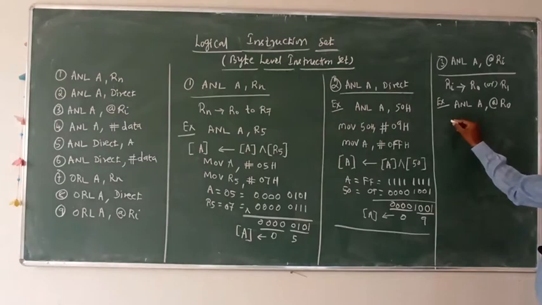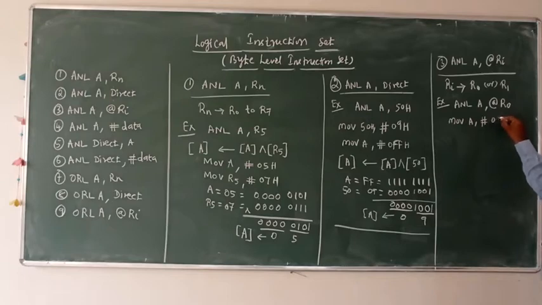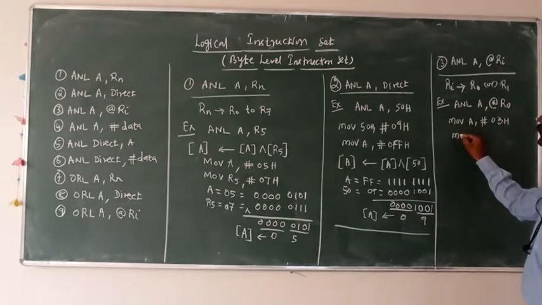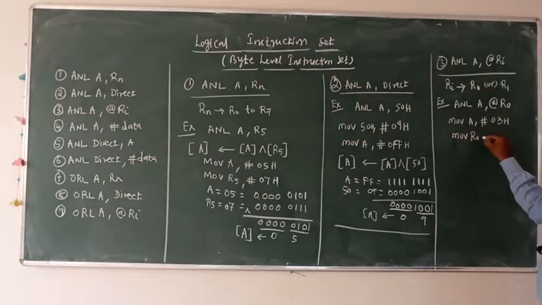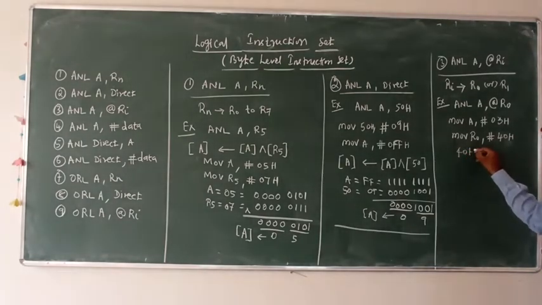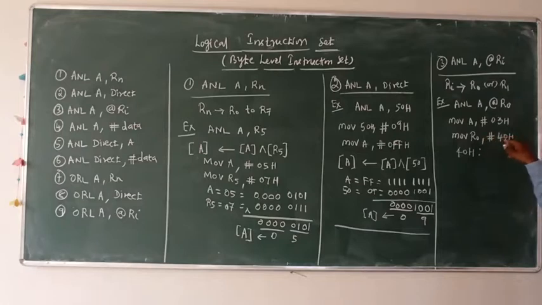Example: here MOV A comma hash 03H. First we have to initialize the internal memory. For that we can use MOV R0 comma 40H. In this memory address location, 40H will be initialized in R0.